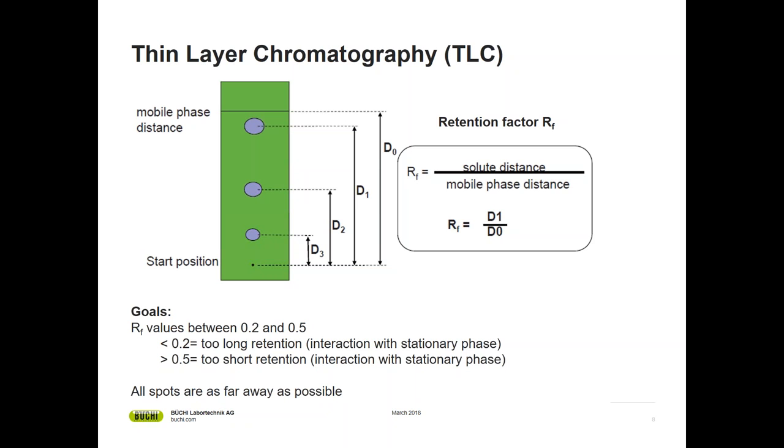Because if the RF value is too low, your compound is too sticky to the stationary phase. So your flash method will take forever to get it eluted, which means a lot of time and solvent. If the RF value is too high, the interaction of the compound with the stationary phase is too weak.